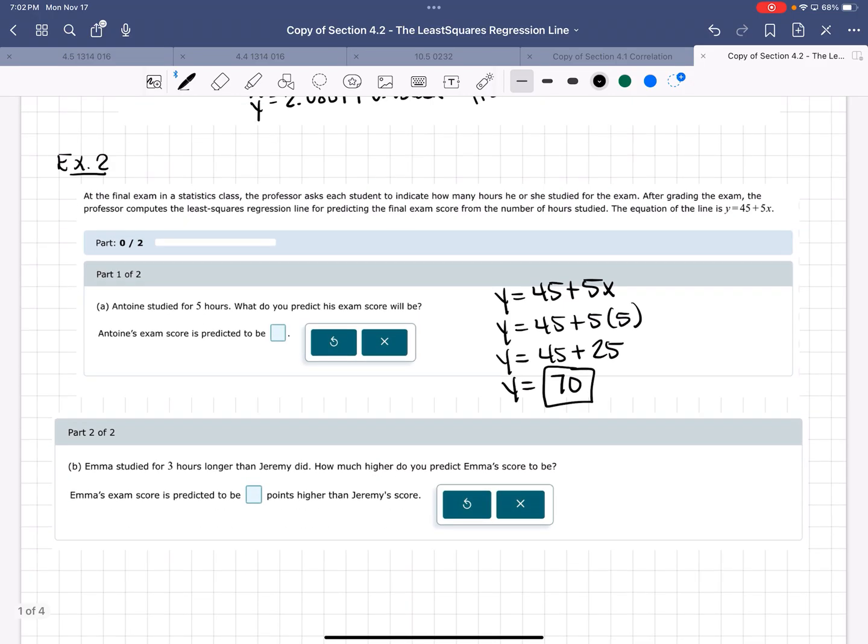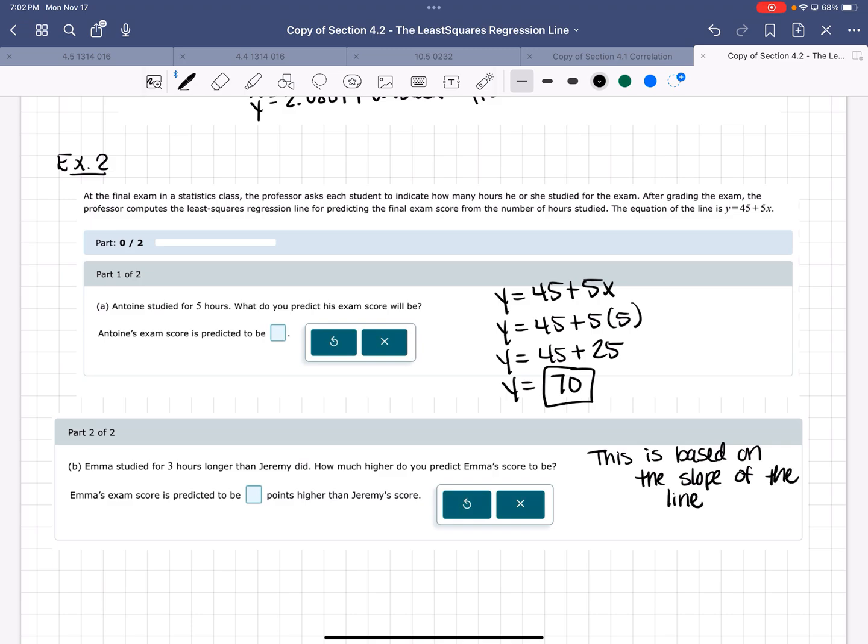Emma studied for 3 hours longer than Jeremy did. How much higher do you predict Emma's score to be? That's based on what the slope of that line is, okay? So we're going to say this is based on the slope of the line.